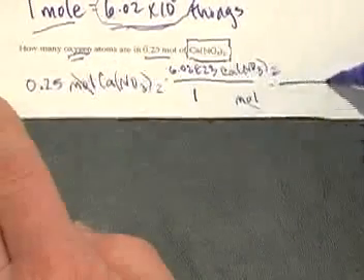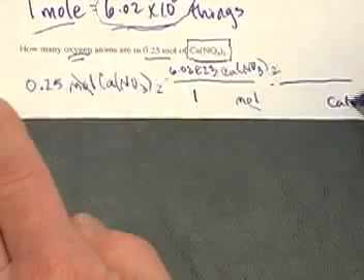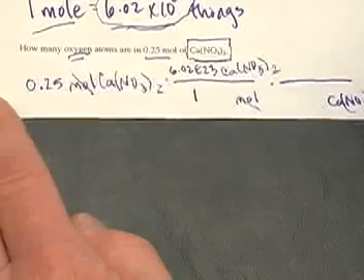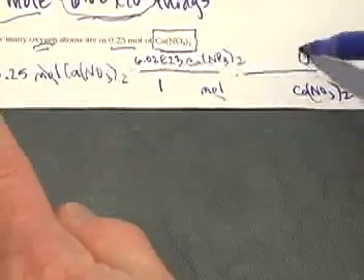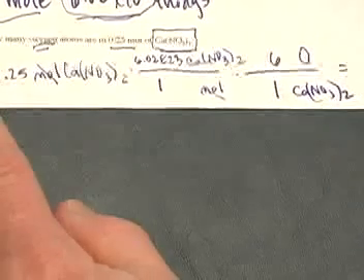It asks how many oxygen atoms there are. So I need to relate CaNO3, the units that I have, put that in a position where it's going to cancel, to how many oxygen atoms there are. And if you look, there's 3 times 2, or 6 oxygen atoms in one of these formula units. So it's a ratio of 6 oxygens to 1 formula unit of CaNO3.